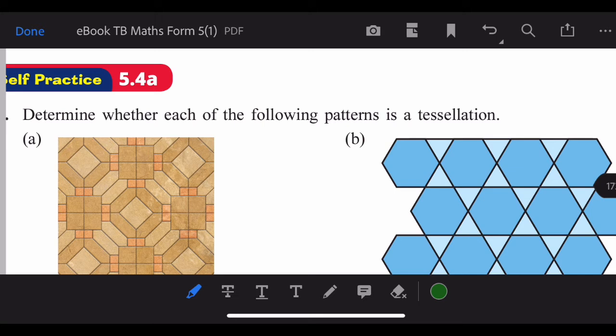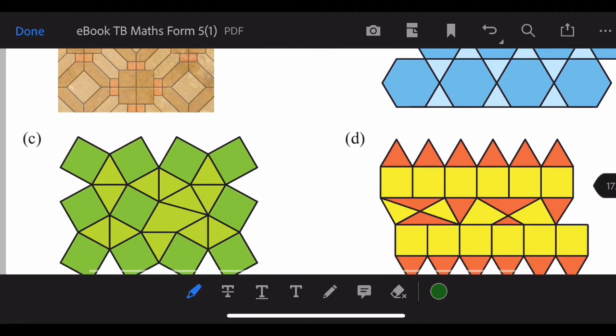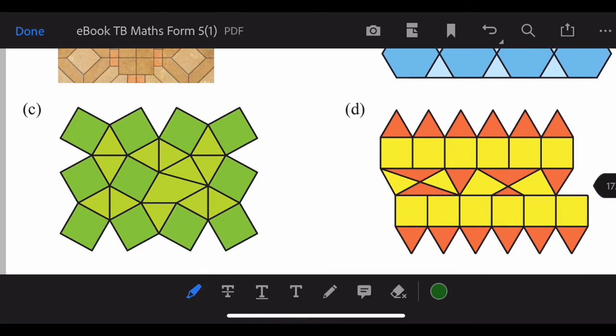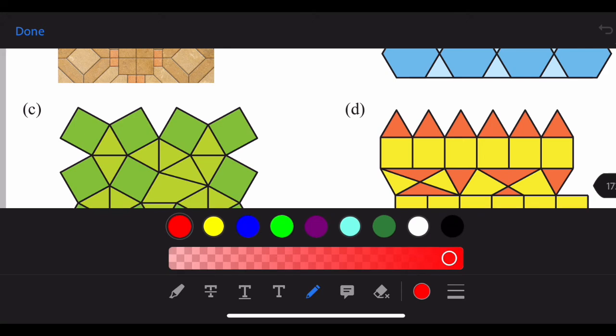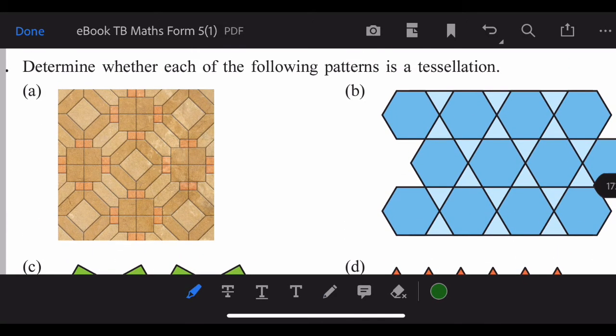Alright, so have you got the answer? Yes or no? For A, for B, for C, and for D. So let's discuss the answer for tessellation. For A, what is the answer?